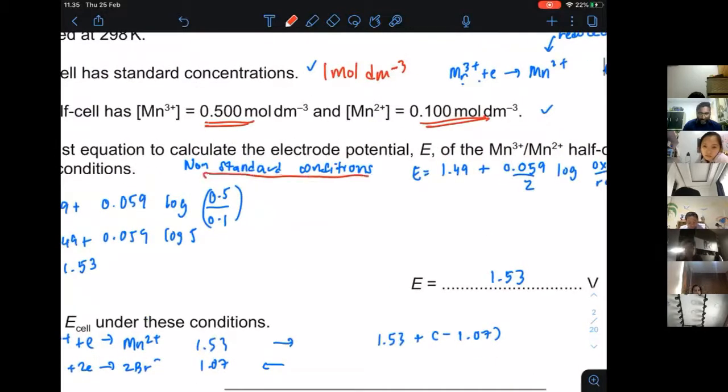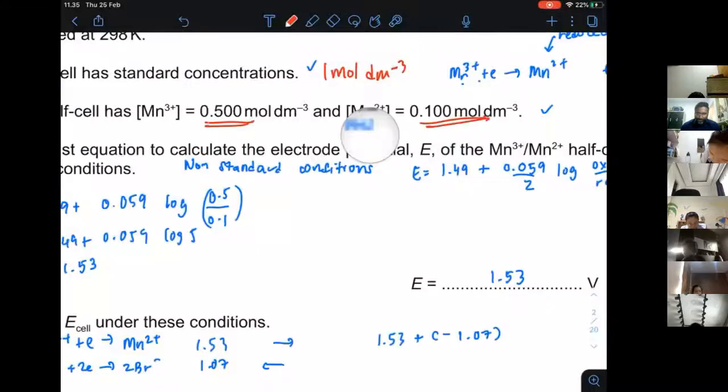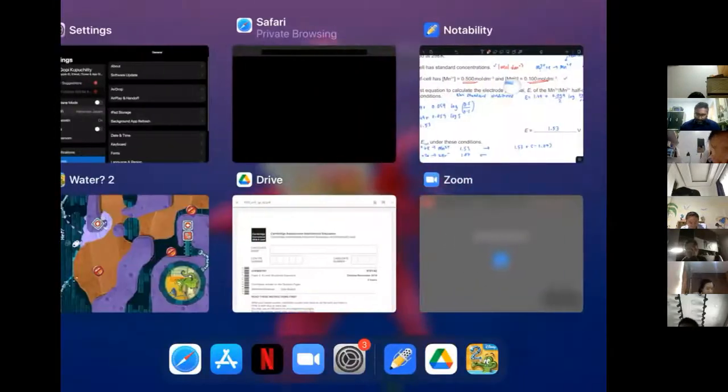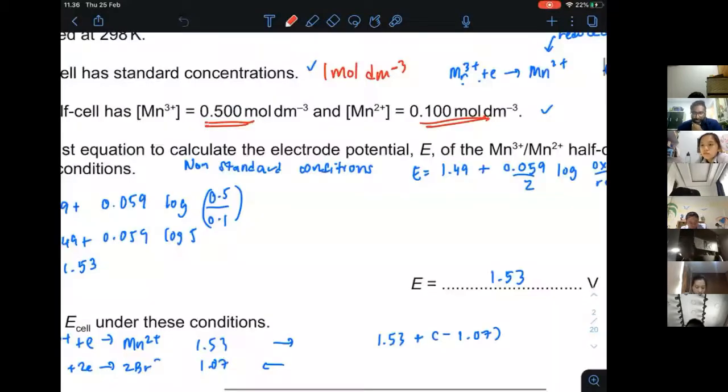The formula of the Nernst equation is E equals E standard plus 0.059 divided by Z. Please remember this.